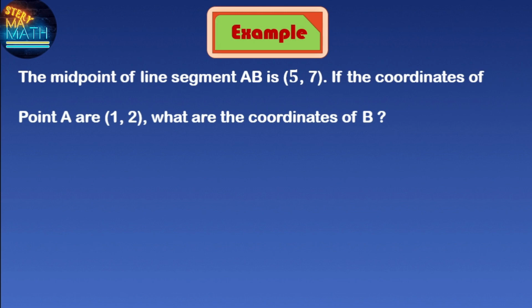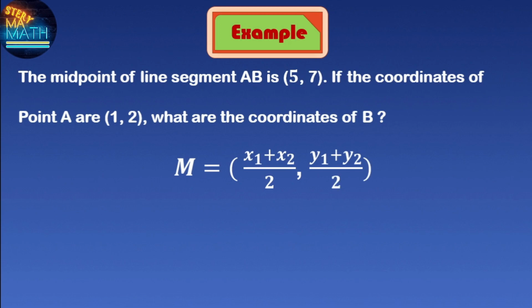Now, the formula is M is equal to x1 plus x2 divided by 2, y1 plus y2 divided by 2. x1, y1 represent the first point, and x2, y2 represent the second point. As long as we don't have the second point, we can keep them as they are.